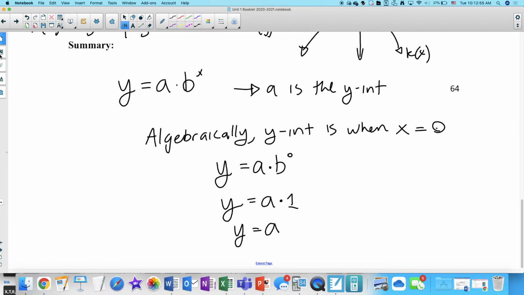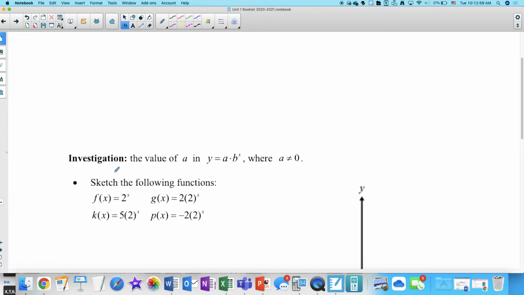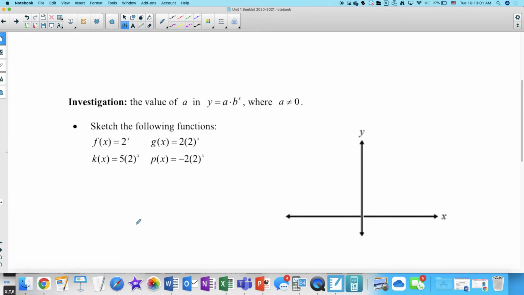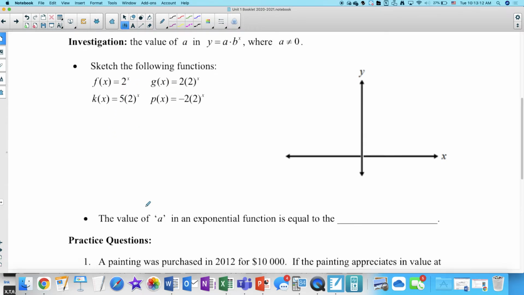Okay. Oh, here, we have another one. So I'll tell you what. Let's just predict what's going to happen with all of these functions. Here we're again investigating the a value and just changing it around. So in f of x equals 2 to the x, we can actually think of this as 1 times 2 to the x. So here a is 1.